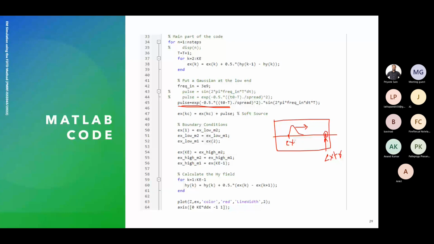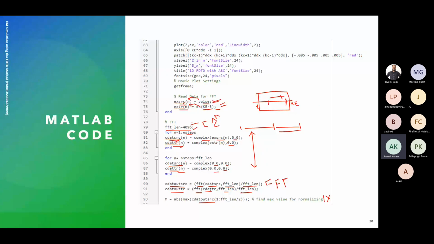Everything going into the pulse and everything happening over here is recorded using these two values. Every time the pulse value gets updated, I store it inside an array, and this n is what is driving the loop.